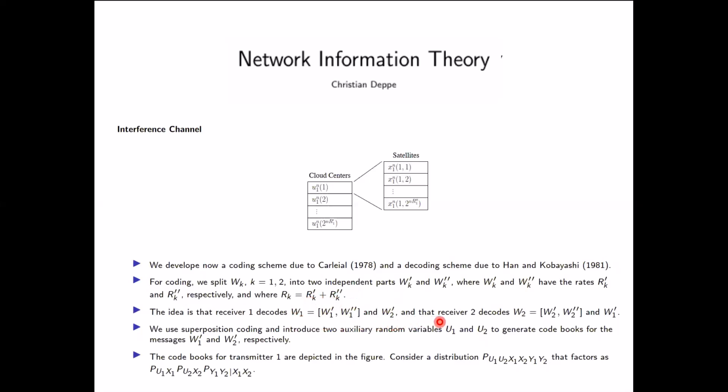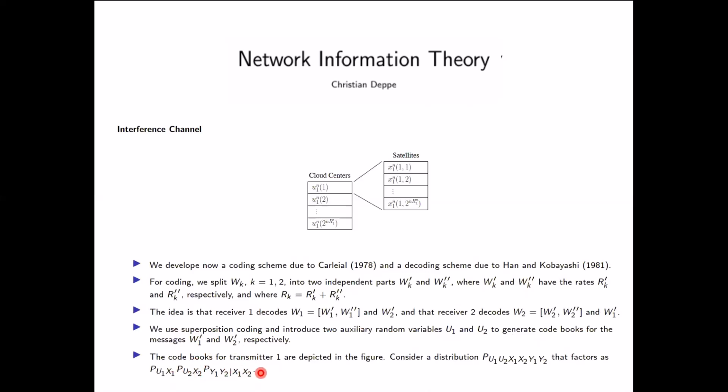The same is done for receiver 2. He decodes W2, but not only W2, he decodes also W2', W22', that's his W2, and W1', which he later throws away. And as I told you, we use superposition coding, as you see here in the picture, and introduce, as usual, two random variables U1 and U2 to generate codebooks for the messages W1' and W2', respectively.